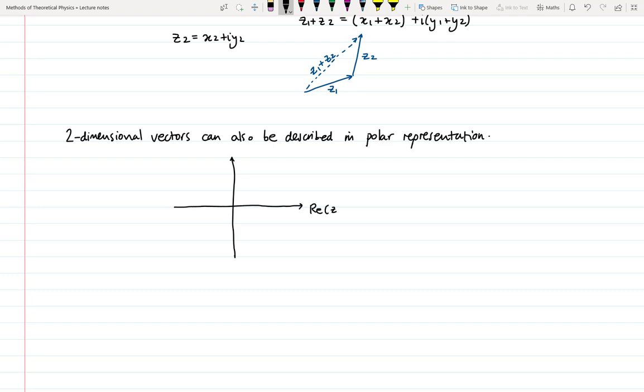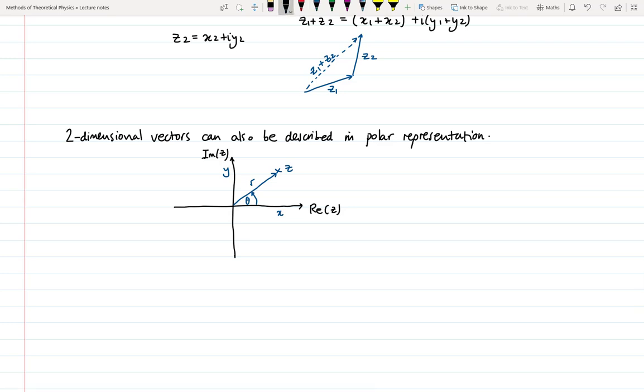This is our real axis, our imaginary axis, and let's put in a complex number z. Now, as before, it has real part x, imaginary part y, but now we're going to instead describe it by r, which describes the length of the vector, and theta, measured anti-clockwise from the positive real axis, that describes the angle it makes with that axis.